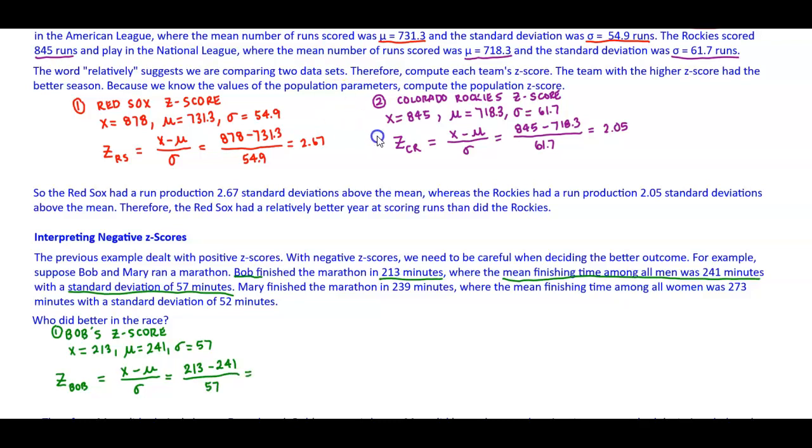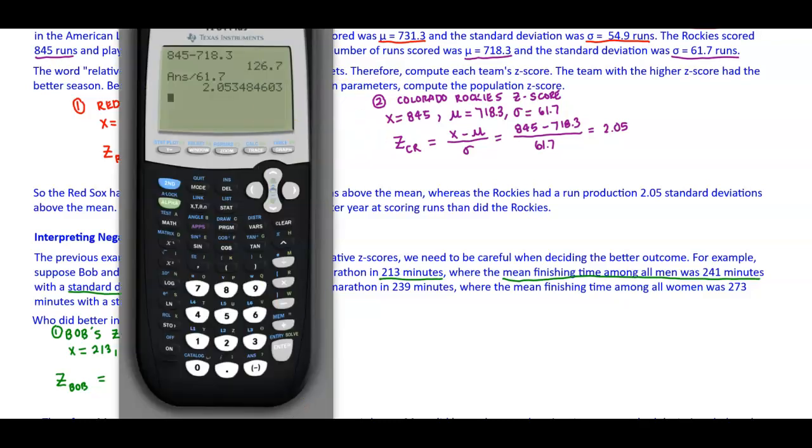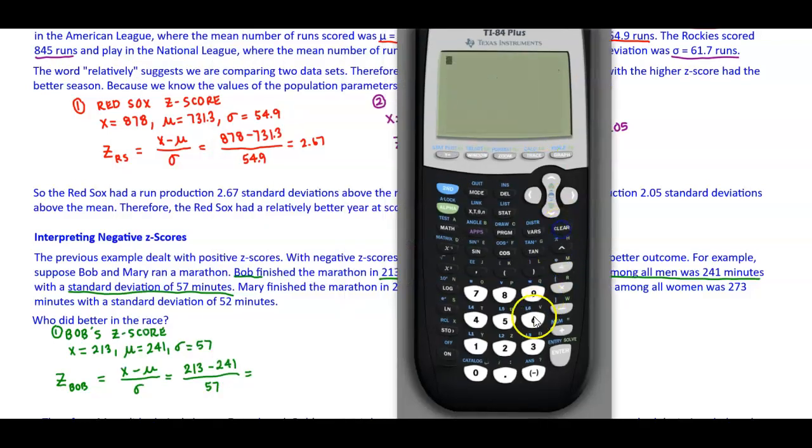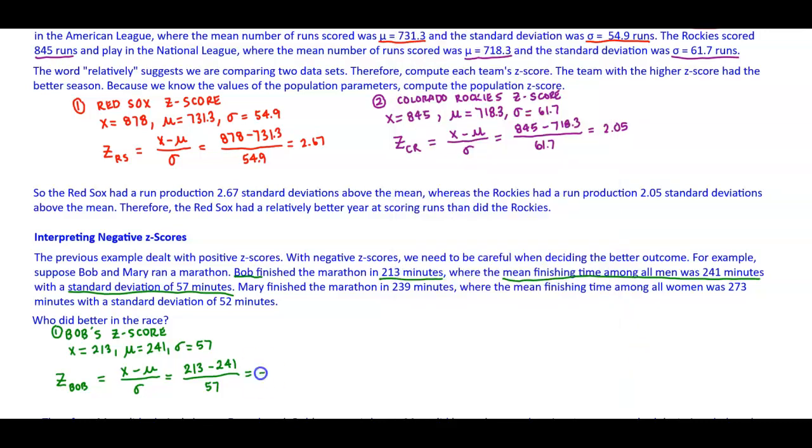Let's figure out what that gives us on the calculator. That gives us negative 0.491. We're going to round it to 2 decimal places, so that's negative 0.49.